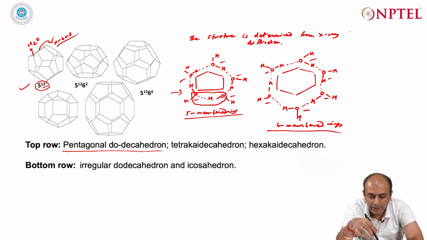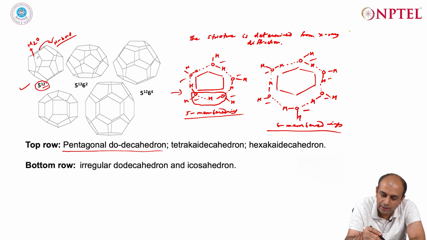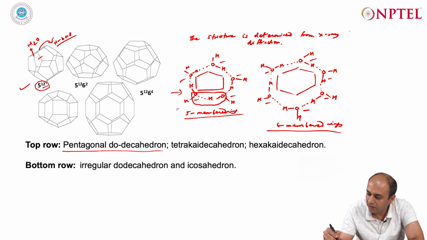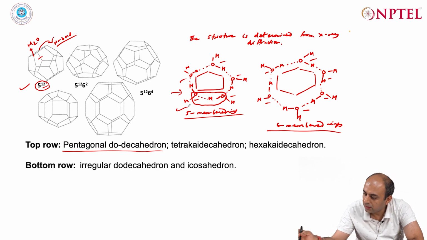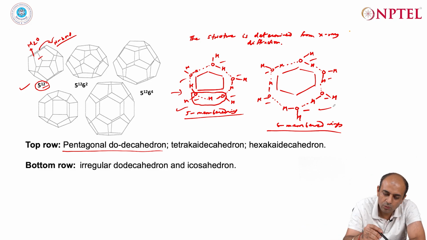So this is not a covalent association, it is a geometrical diagrammatic representation of a hydrogen bonded assembly, where we now know that each pentagon here is this 5 membered ring and each hexagon is the 6 membered ring. Each vertex is a water molecule and the lines essentially represent the hydrogen bonds.